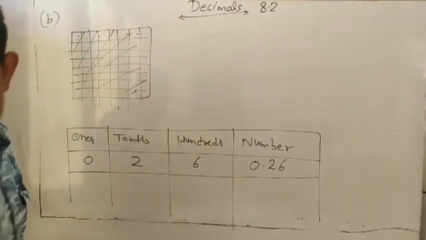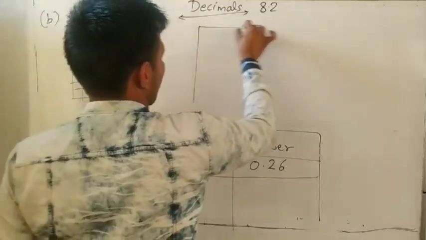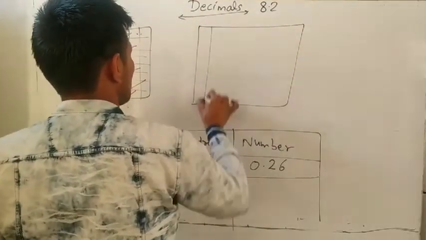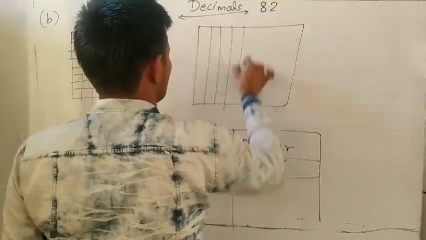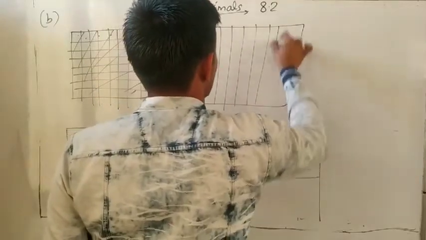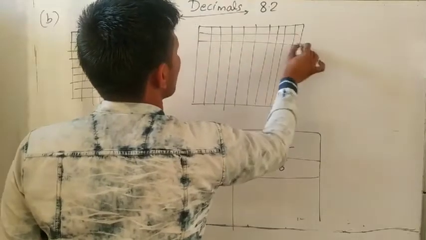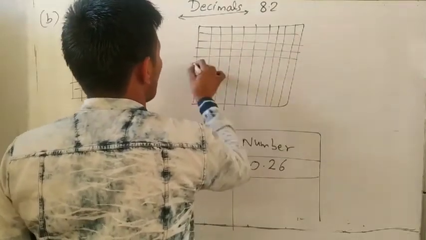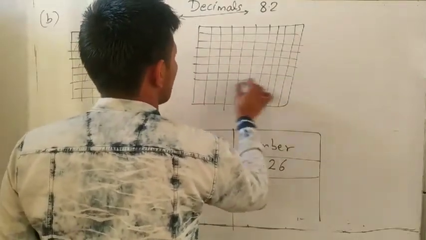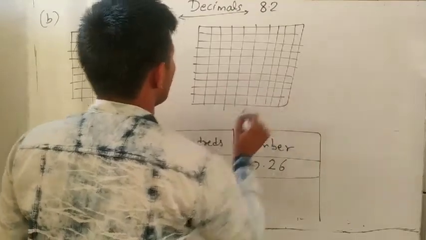Next is one more 100 boxes like this one, 1, 2, 3, 4, 5, 6, 7, 8, 9, 10 in each row.